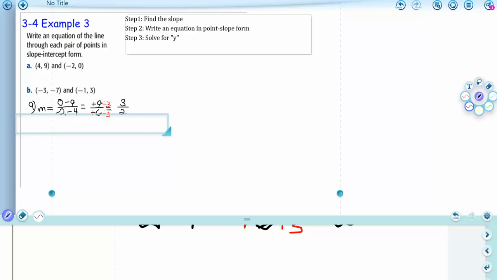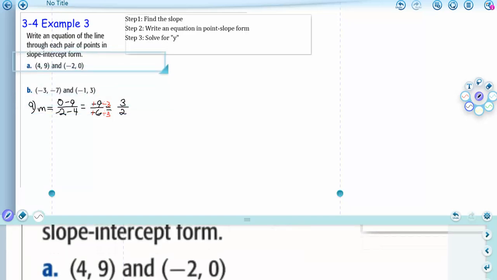Now, my second step is to write an equation in point slope form. Well, if you're observant, you should choose the point that looks like it's the easiest to deal with.